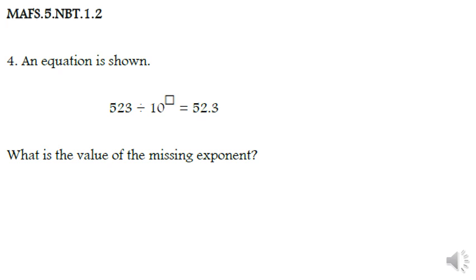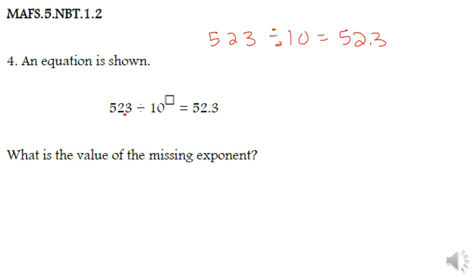Number 4, an equation is shown. 523 divided by 10 to some power equals 52.3. Now, the key here is I can see that the place value shifted to the left. And it shifted to the left 1 place value. So that means I'm looking for 523 divided by 10 to equal 52.3 because it shifts 1 place value.